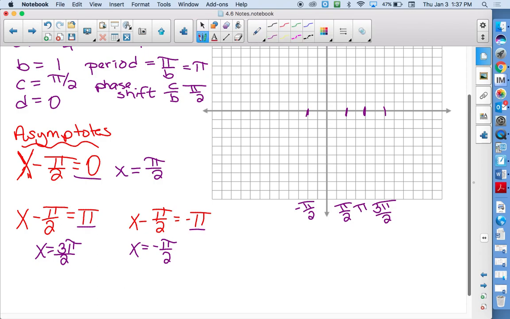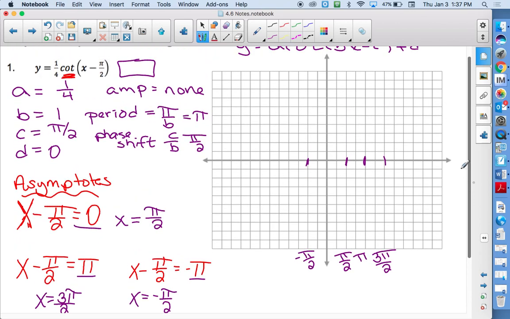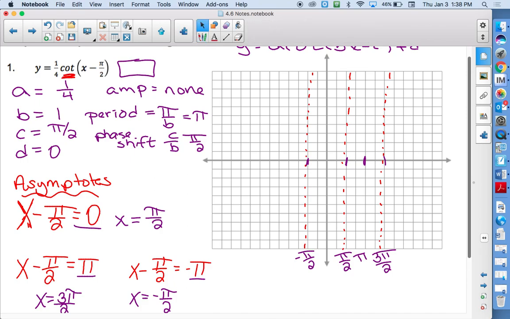So the graph is labeled. We just need to use those asymptotes and plot them as vertical asymptotes, those vertical dashed lines. Now we have some asymptotes for our graph.